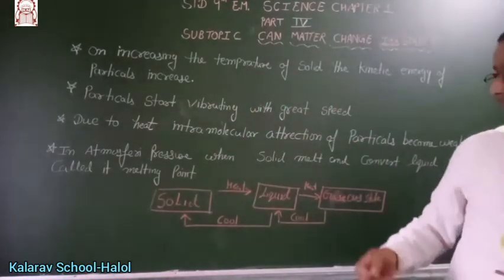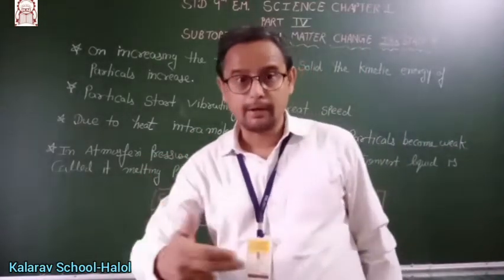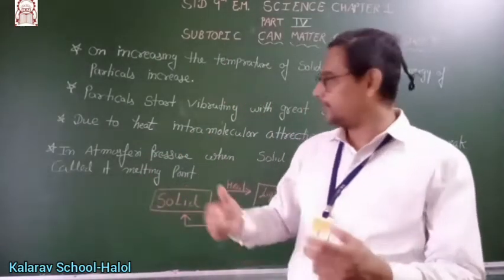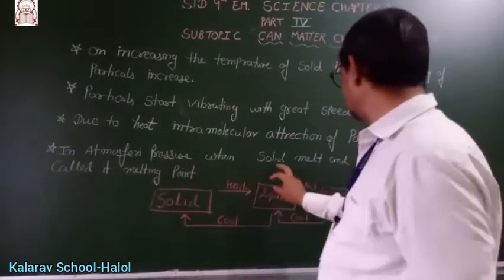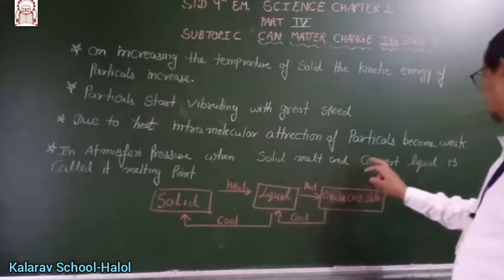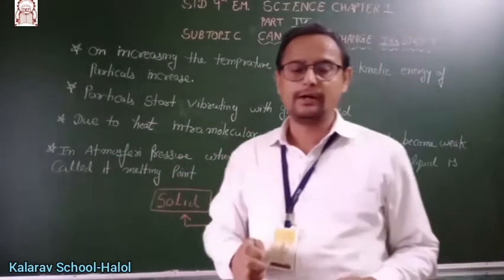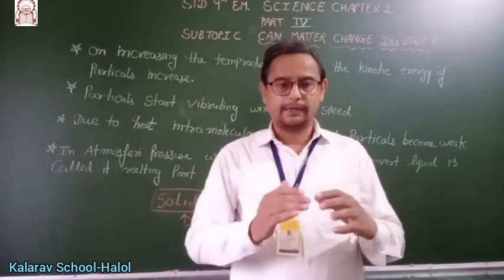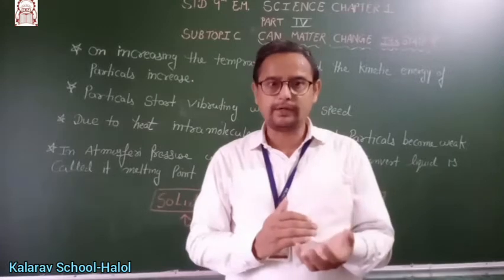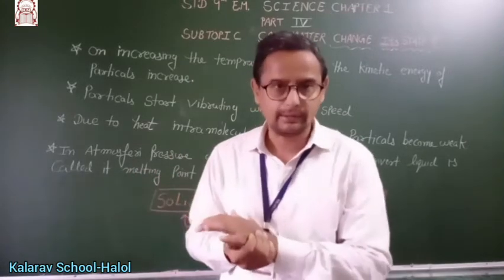And with that, what happened, that already I explained you, again I am telling here, it is written in atmospheric pressure when solid melts and converts to liquid is called its melting point. Okay, so in that melting point, and then again giving further heat, it converts into boiling point. Is it clear?